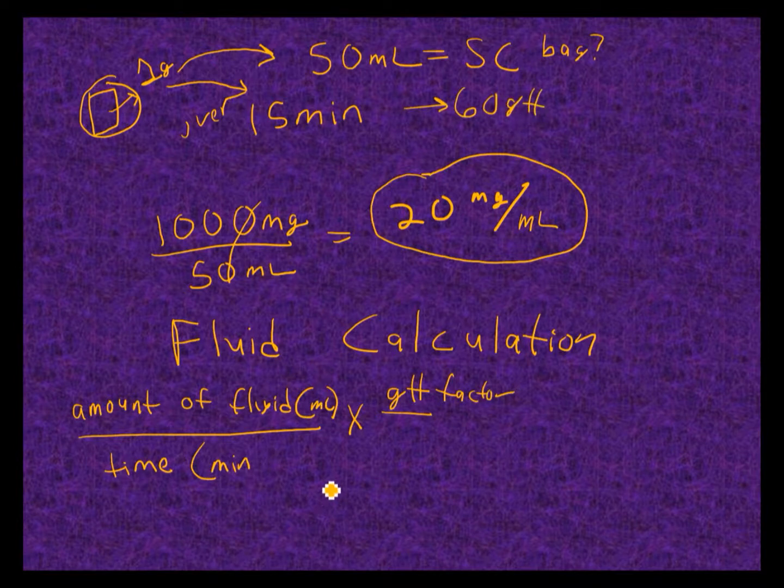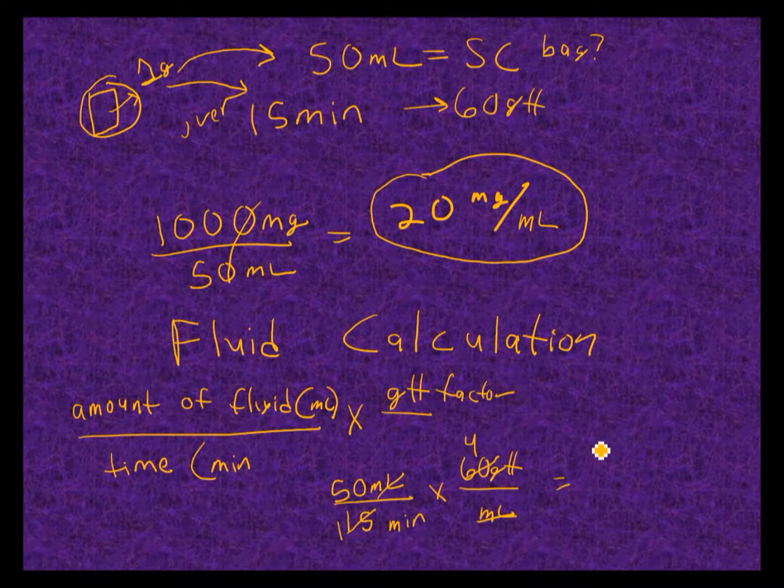That would be 50 milliliters, that's the amount of fluid I got, over 15 minutes. And they want me to use a 60 drop set, which means every 60 drops I drop 1 milliliter of fluid. 15 goes into 15 once, 15 goes into 60 4 times. 4 times 50 means I need to start this running at 200 drops per minute.